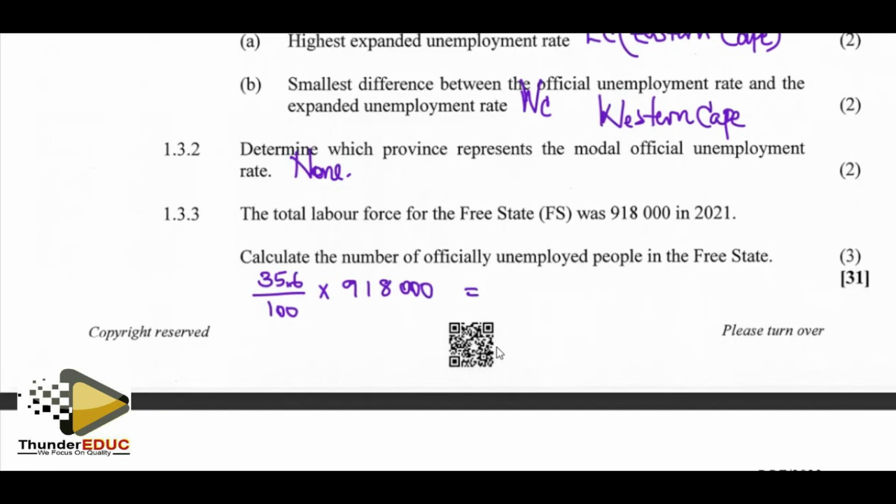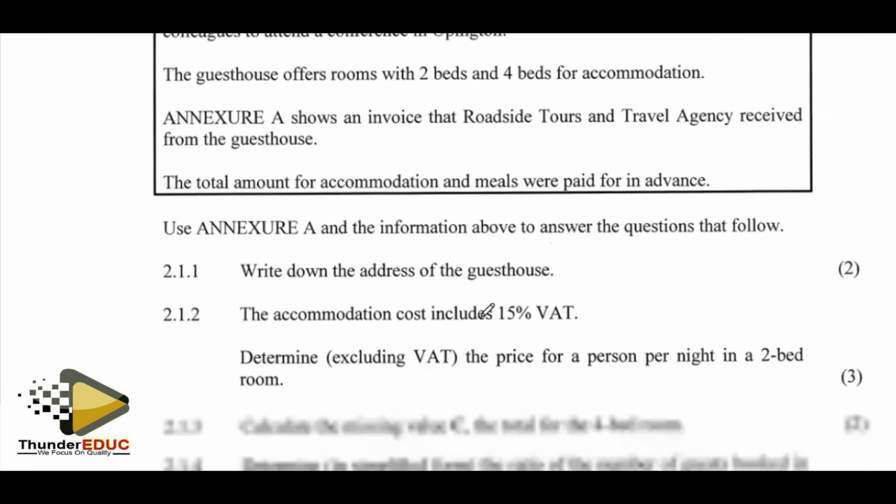And you'll end up having 326,800, and these are the people. All right.